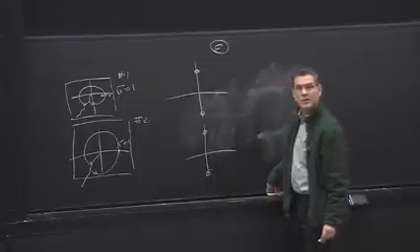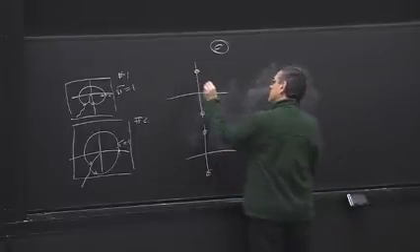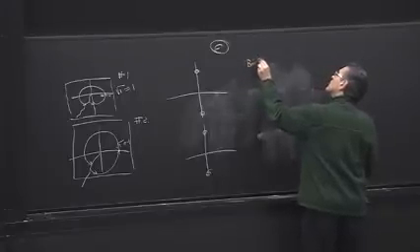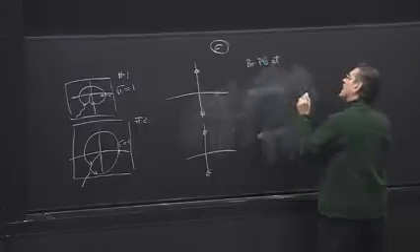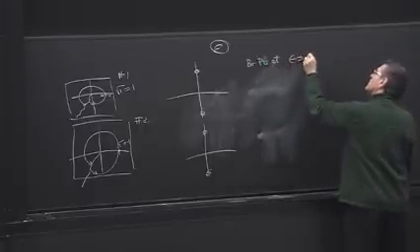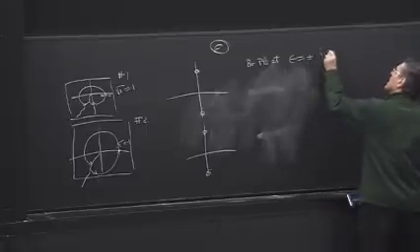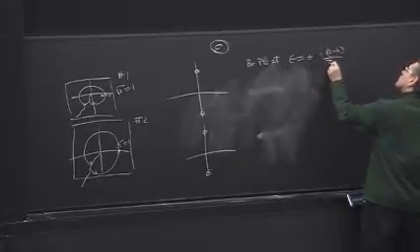Okay? So these branch points are located at epsilon is equal to plus or minus I times whatever, a minus b over 2c.